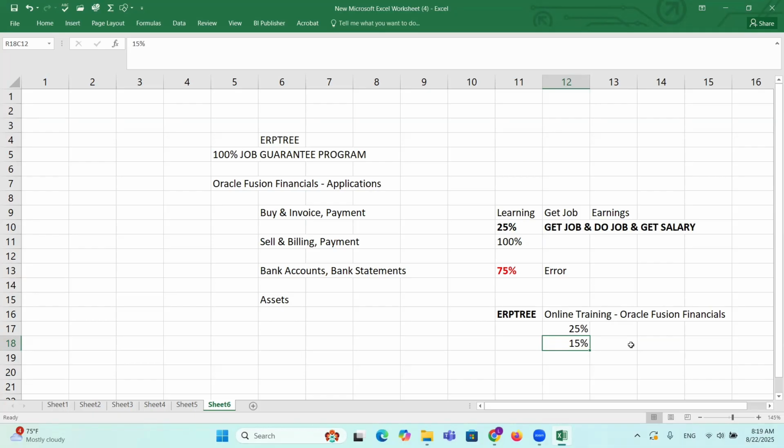If you learn from ERP3, people can learn 25%. And the other reality is most of the people who are learning from other institutes, for namesake they are learning from other institutes, but everybody is learning from ERP3 videos only.